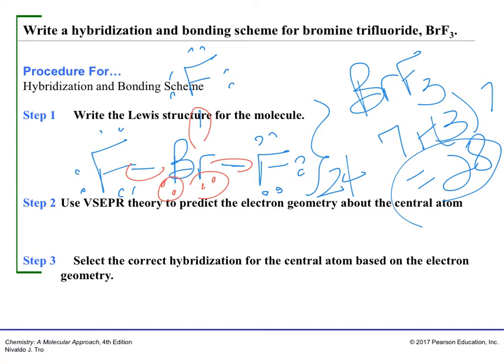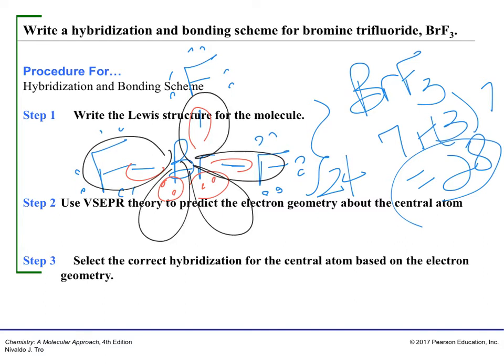So how many domains do we have around the central atom? We have 1, 2, 3, 4, 5. And that means what? That means we're talking about trigonal bipyramidal electron domain shape.